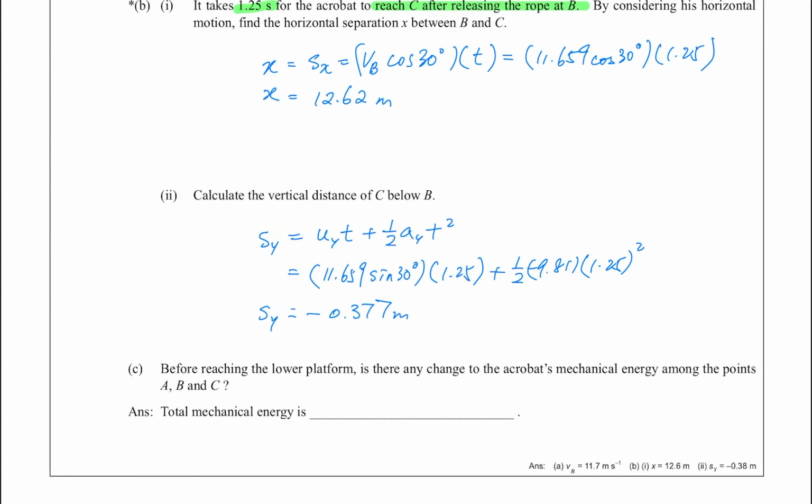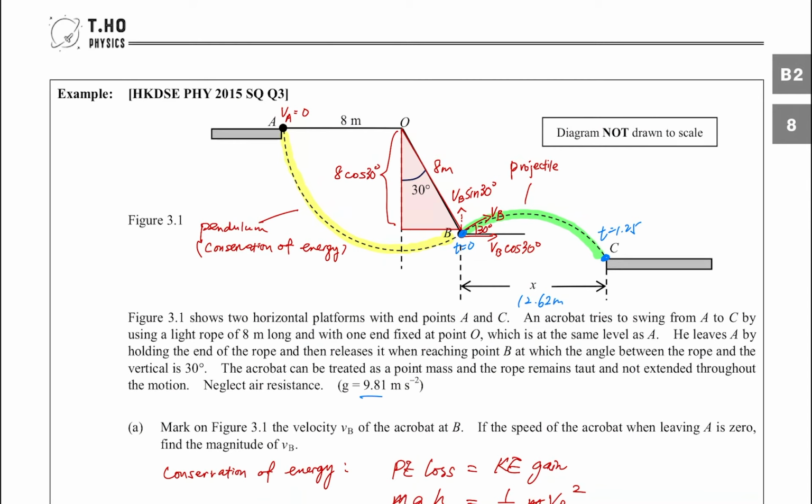Before reaching the lower platform, is there any change to the acrobat's mechanical energy among the points A, B, and C? Total mechanical energy is conserved throughout the whole process. Why? First of all, in the first section, why does mechanical energy conserve?